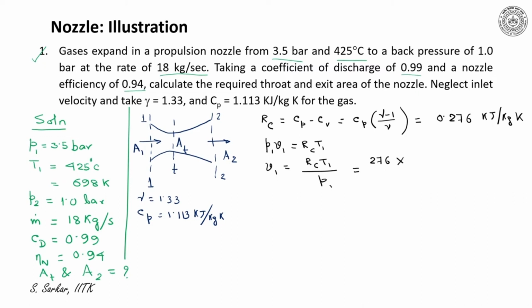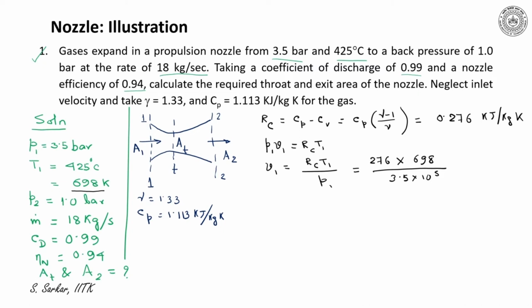Temperature at inlet T1 is 698 Kelvin, and P1 is 3.5 bar, so 3.5 into 10 to the power 5. This is Pascals.